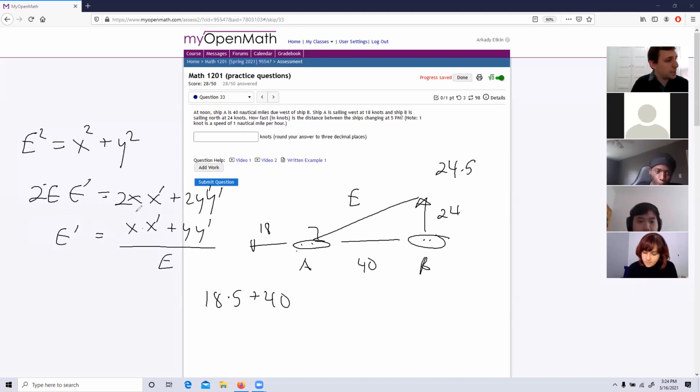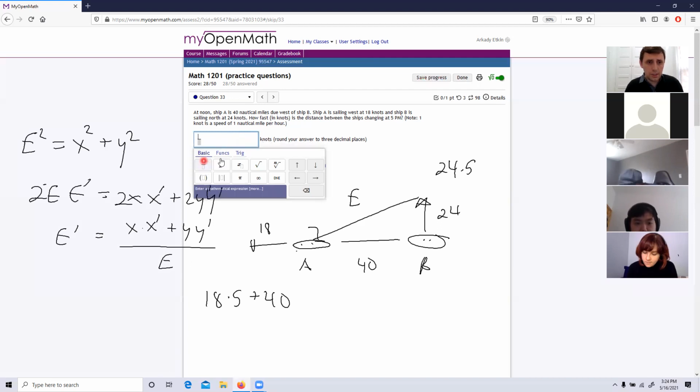Now we just plug in the values for x and x prime, y and y prime, and e. e is the root of this number. So let's write it all together. Hopefully we will not mess it up. So here is the ratio.